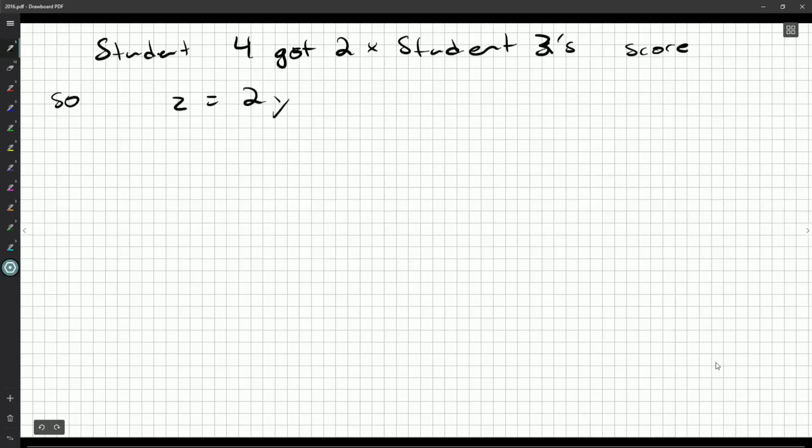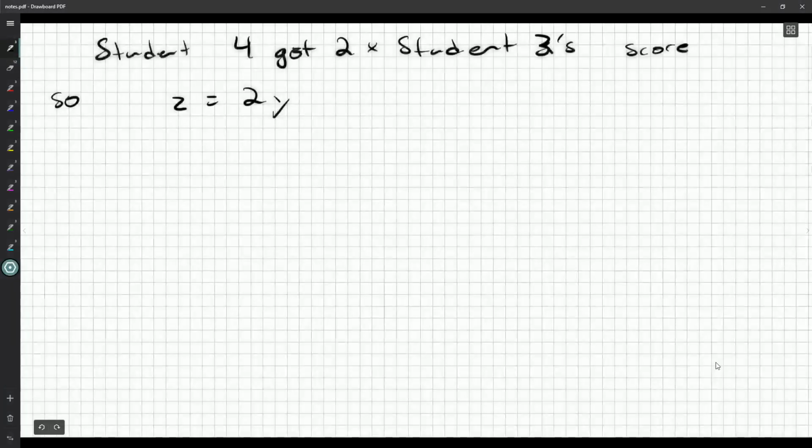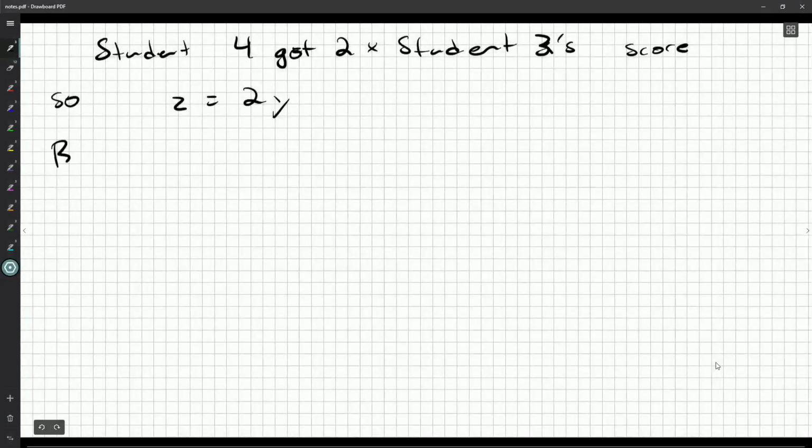I've got an equation, and I'm explaining where that came from. So Z is 2 times y. Fine. And we can say by A, we know 36 is school C's total.